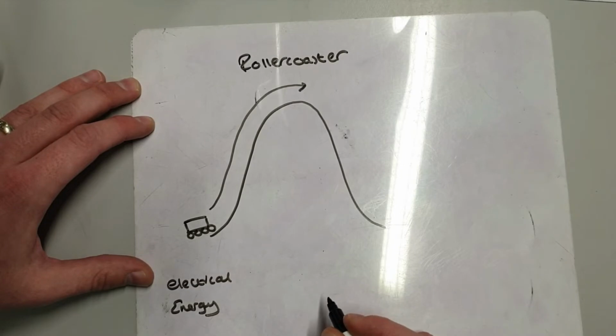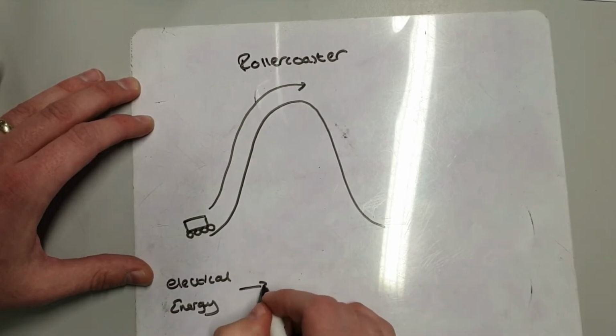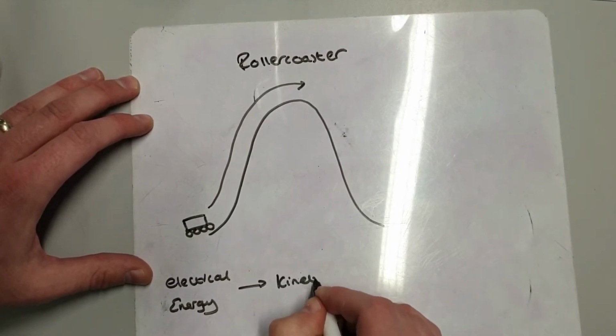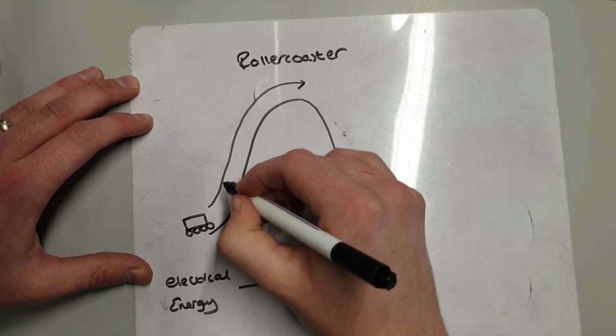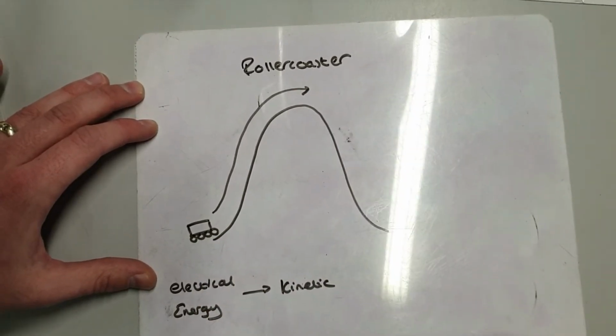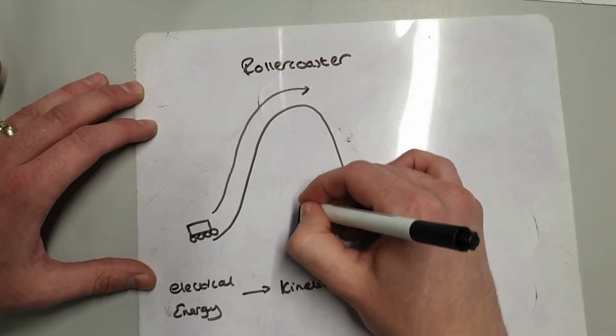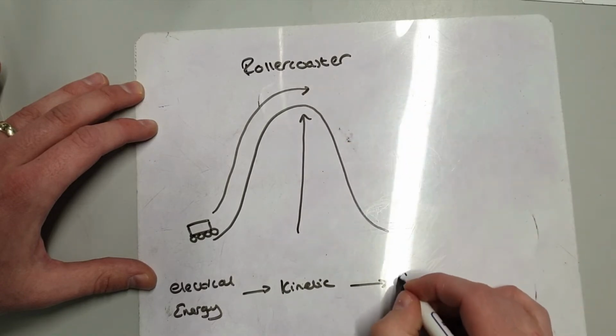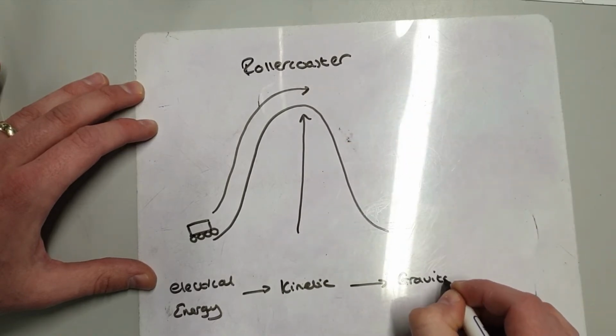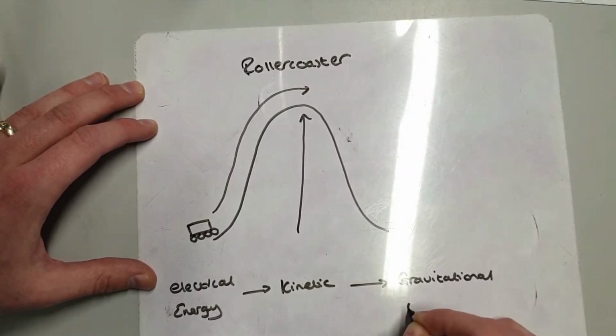Same thing again. However, this time that electrical energy is going to be transferred into kinetic energy because obviously the roller coaster has got to move to the top of the track. That kinetic energy, then because it's going up, it's off the ground, is going to be transferred to gravitational potential energy.